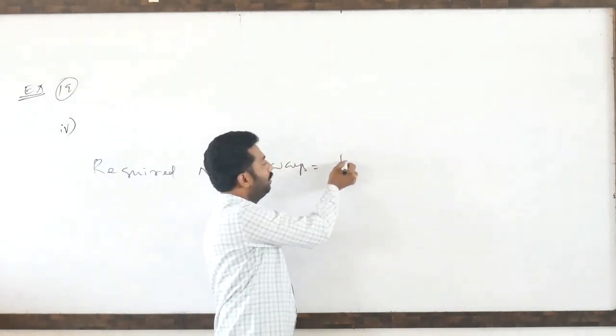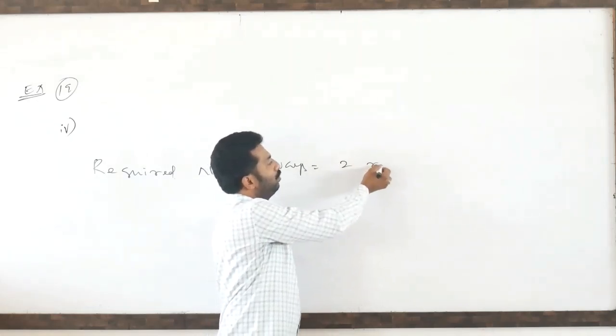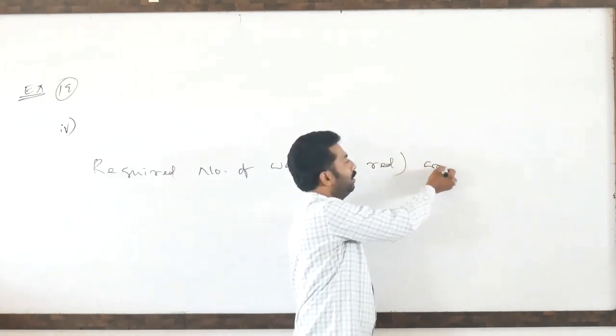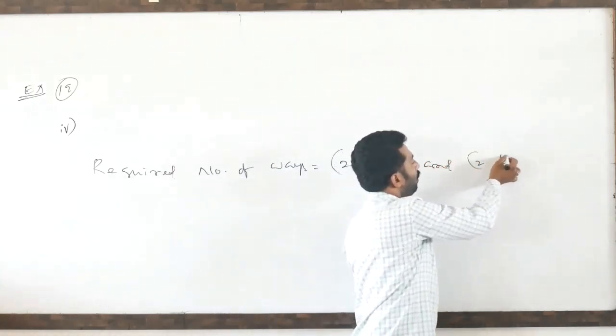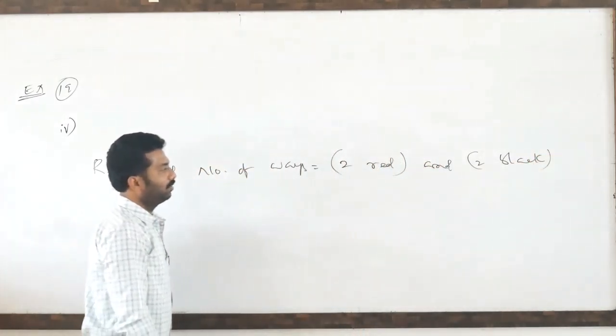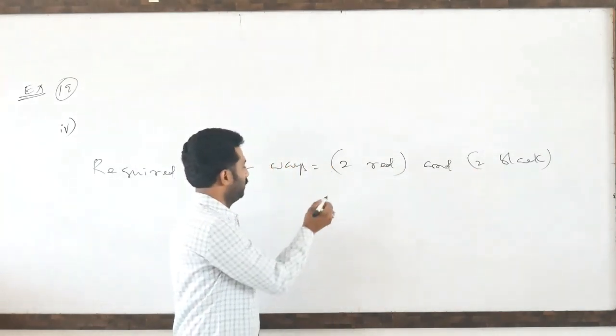What are they asking? Total 4 cards we have to select. 2 are red cards and 2 are black cards. You see here, 4 cards we have to select.